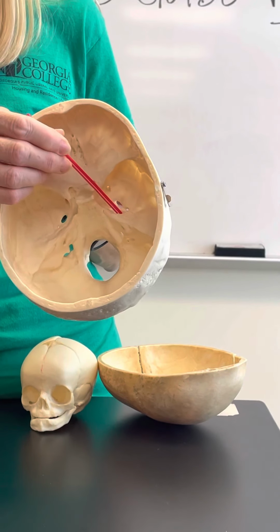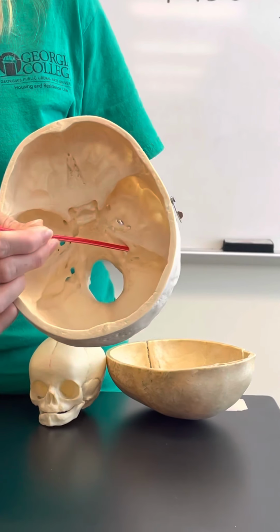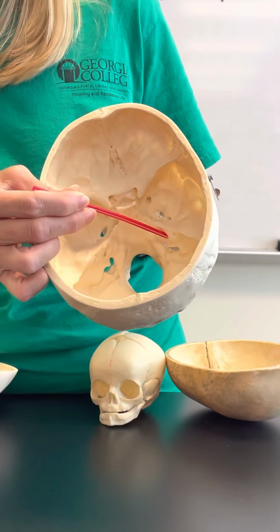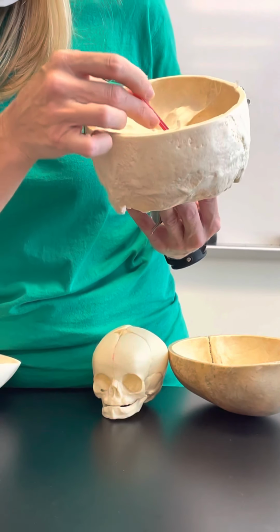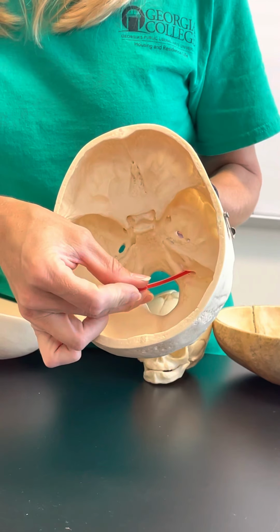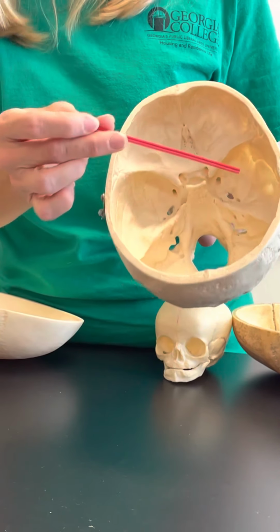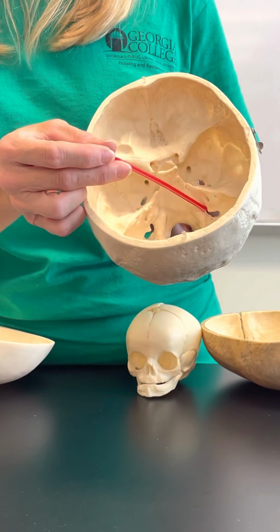Come out of the canal, cross over top of the mountain, and you could hide in the internal acoustic meatus, okay? Come out of the internal acoustic meatus and slide down the mountain and drop through the jugular foramen, okay? So we've just taken a little hike over top of the mountain and sat inside the holes.